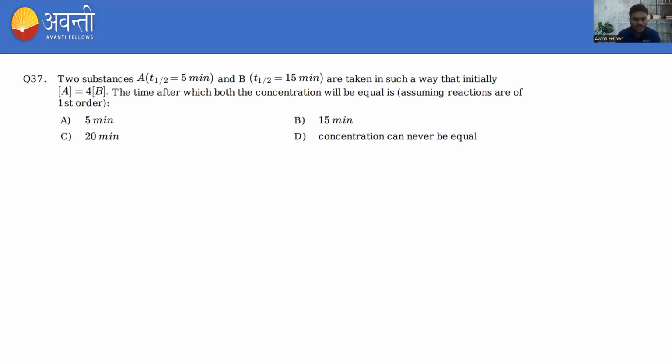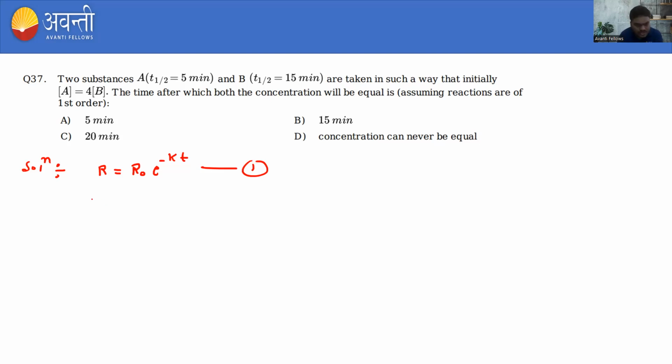So we know for the first order reaction, R is equal to R naught e to the power minus kt. This is the desired equation for the first order reaction.